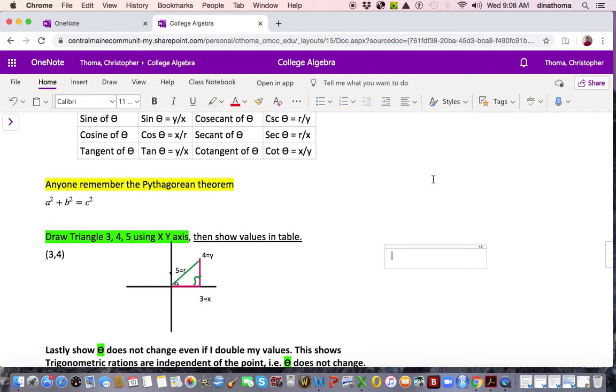So if I want to know what the sine of theta is, according to the table, that is y over r, so that is just 4 over 5. No, sorry, 4 over 3.